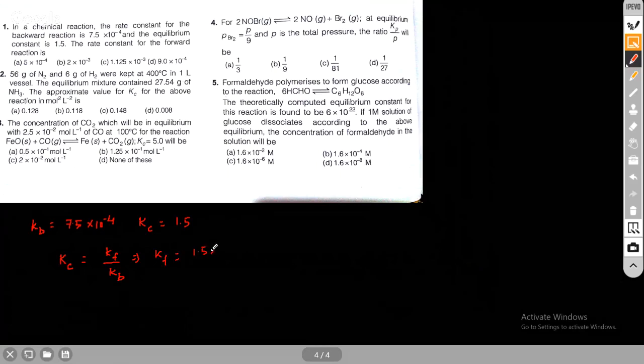Kc is 1.5 and Kb is 7.5 into 10 to the power minus 4. So when you solve this, 1.125 into 10 to the power minus 3, you will get option A is correct. Question number 2.